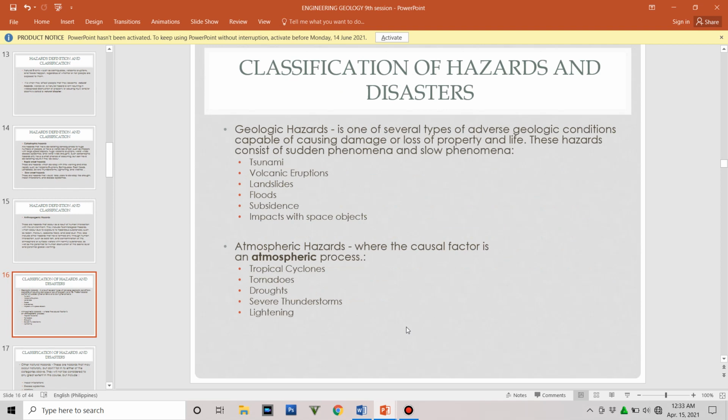So examples: tsunami, volcanic eruptions, landslides, floods, subsidence, impacts with space objects. And then atmospheric hazards, where the causal factor is atmospheric process. So we have the tropical cyclones, tornadoes, droughts, severe thunderstorms, lightning.